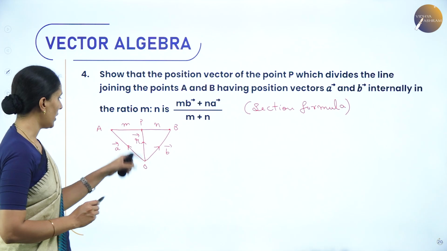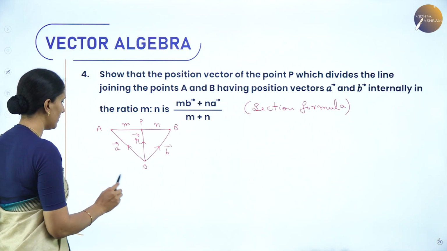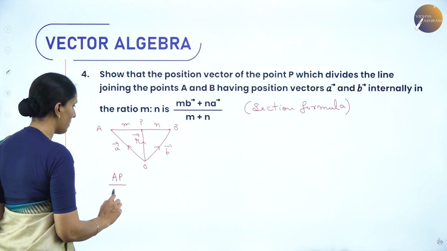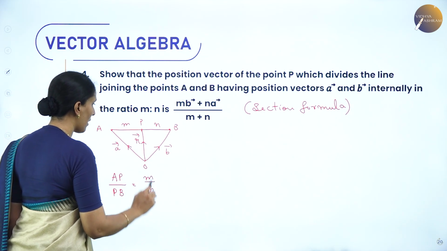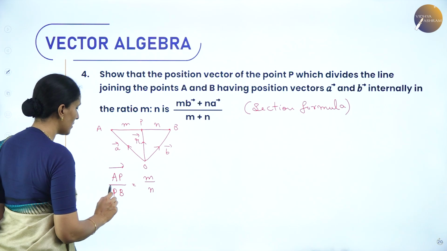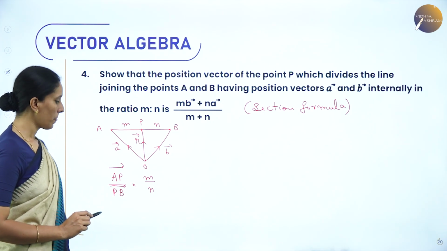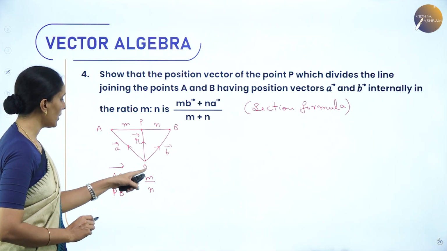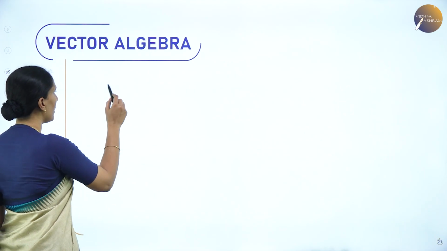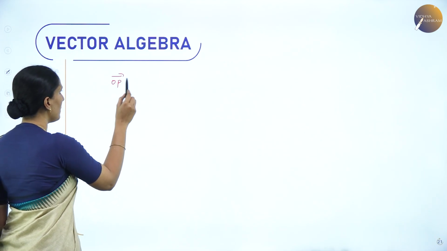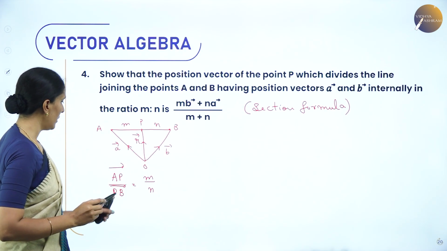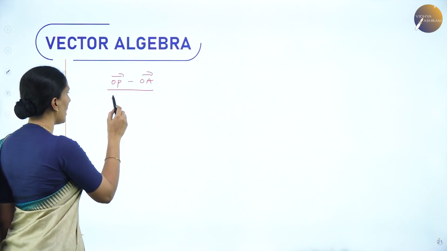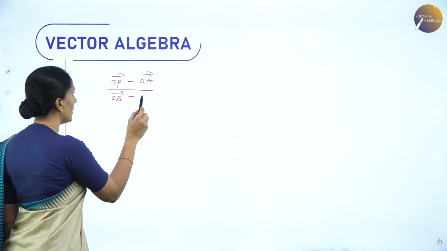Now according to this, clearly from the diagram, AP divided by PB is equal to M by N. Since they are vectors, we'll represent this through vectors. Now AP using the position vector can be written in the form of OP minus OA, divided by PB, which can be written as OB minus OP.